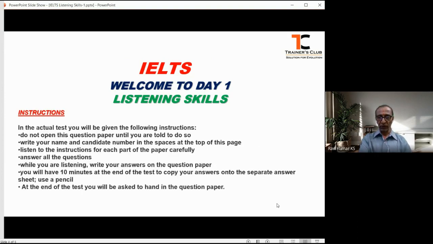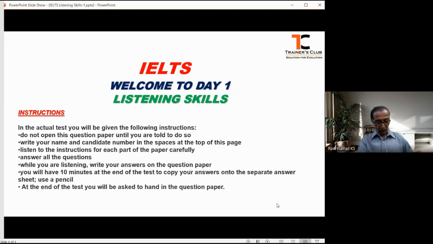Then follow these few instructions very clearly, understand them and follow them. In the actual test, you'll be given the following instructions. Do not open the question paper until you are told to do so.